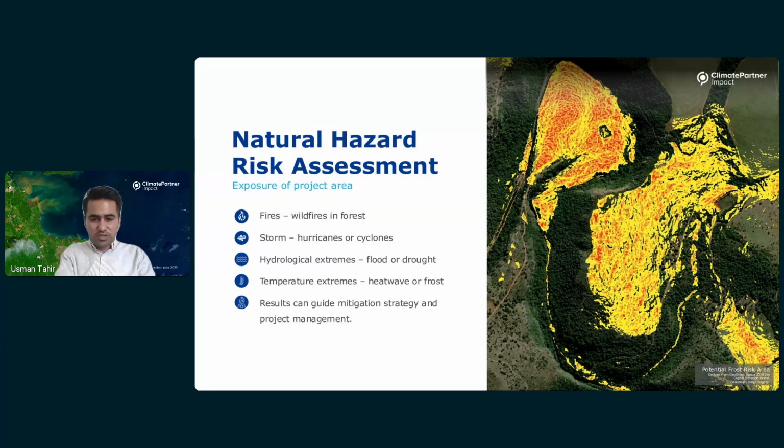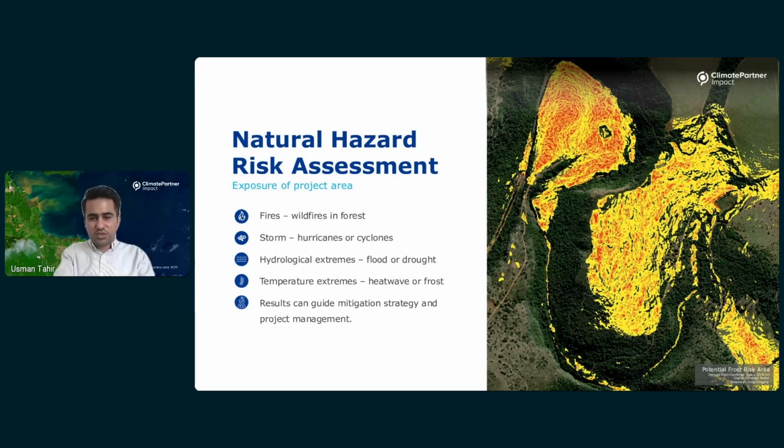So on the right side, you can see this is one example of an area where there is a high potential of frost risk. This shows that the plants that are susceptible to frost may have high mortality due to frost in these regions. Frost usually occurs in cold air pools, therefore the areas in cold air pooling are most likely mapped in this step.